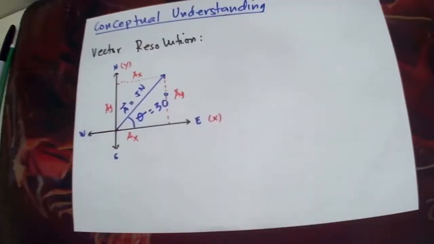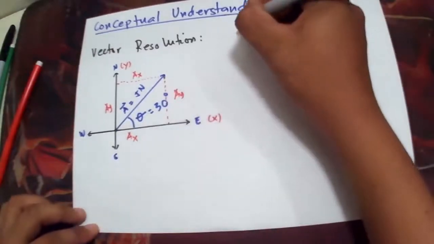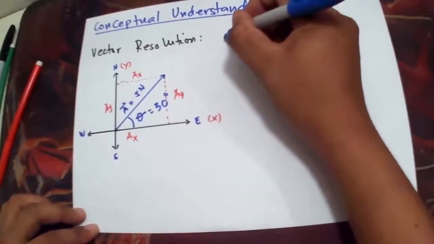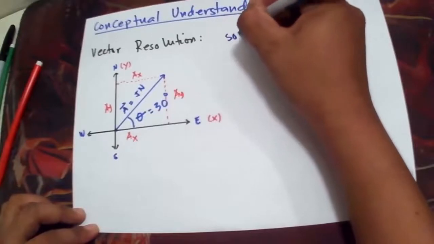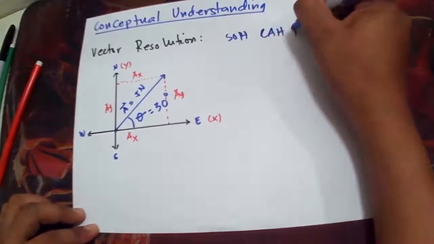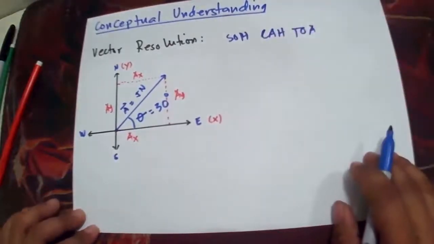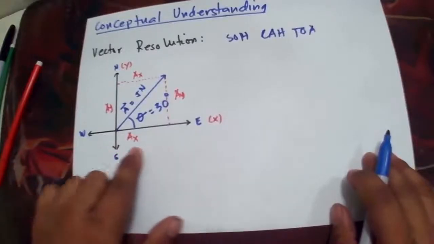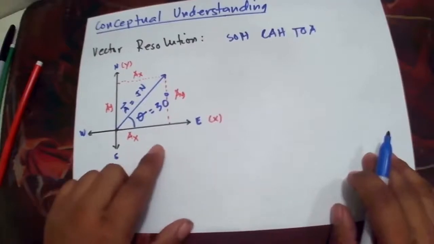To do that, let us go back to the basic trigonometric functions, because as I said, we will need the help of that in dealing with the analytical method. Now, let's solve for the x component of this vector.